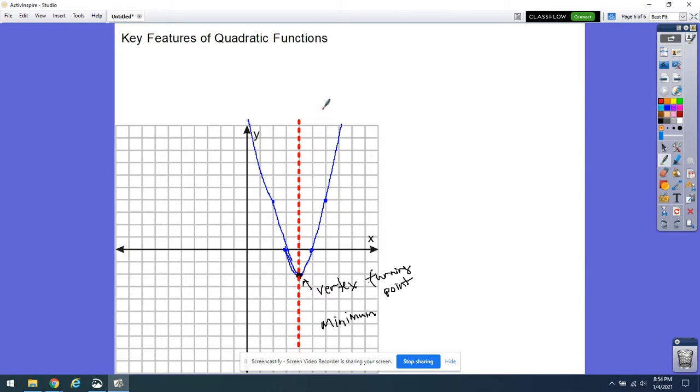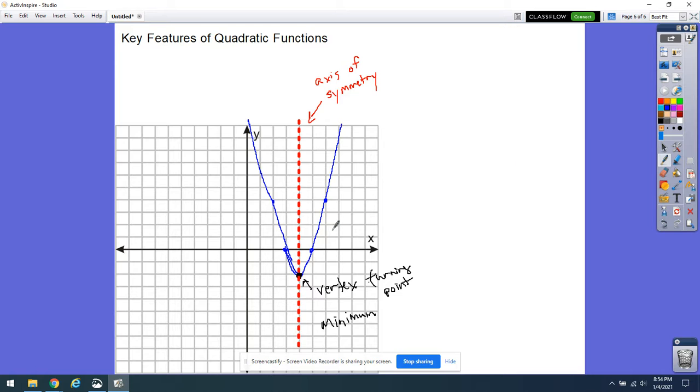In other words, this dashed line that splits it down the middle is our axis of symmetry. It's cutting this quadratic down the middle through the vertex, through the turning point, through the minimum, and splitting it into two equal parts on both sides. It's basically splitting it in half.